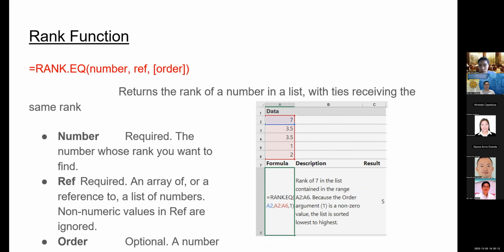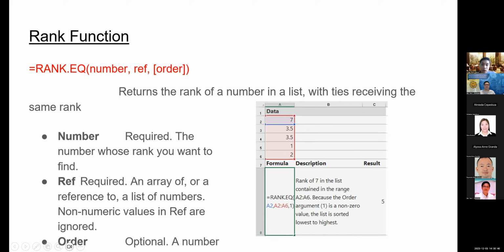We just select a number, for example, 1. So here in the example, the number that we want to find the rank of is at the cell A2. So that's here, and then the reference would be the set of data from A2 to A6. The order argument is a non-zero value.